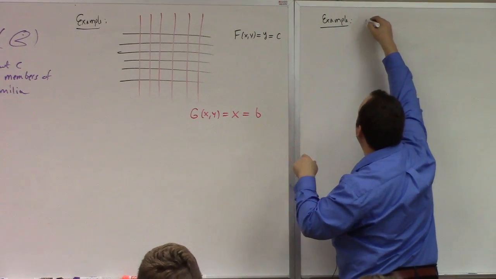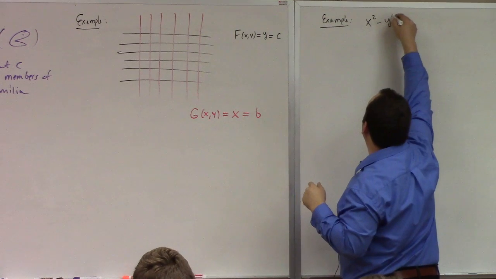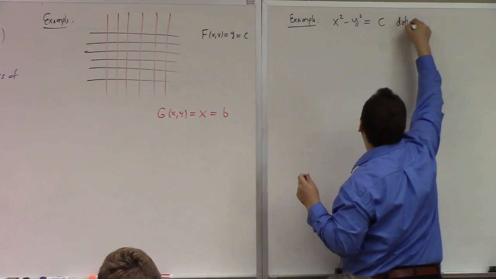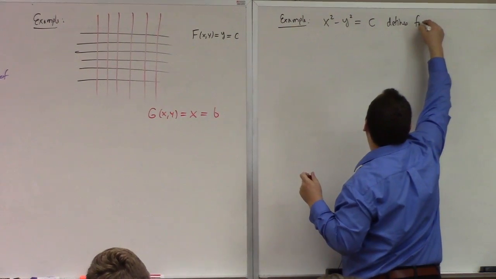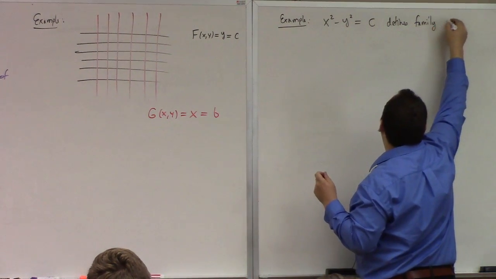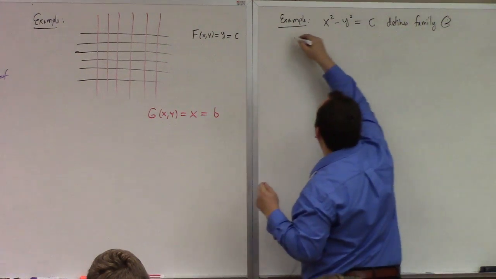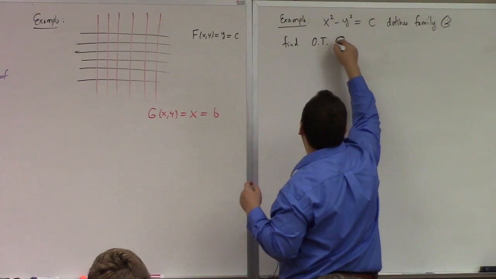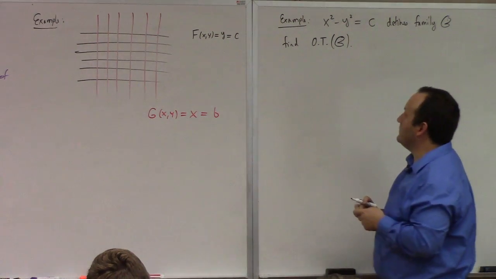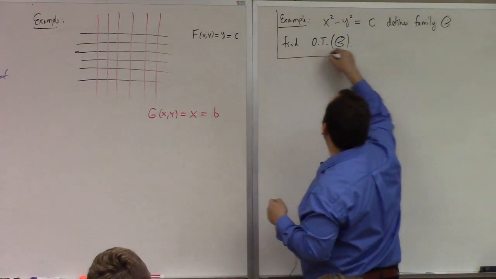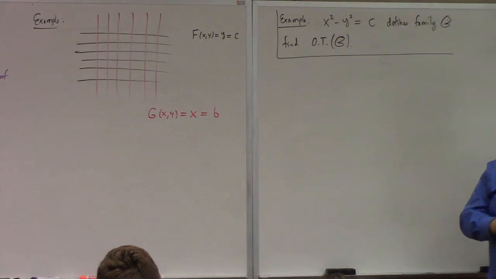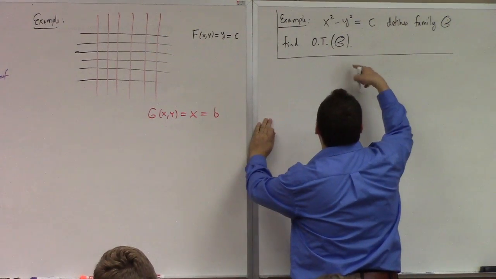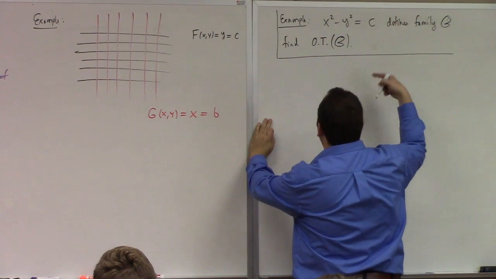But how about something like x squared minus y squared equals to c, defines family. I'll say Pac-Man again. Find the orthogonal trajectories of the Pac-Man family. Here's how we do it. So, first of all, this family of curves must appear as a solution to some differential equation.